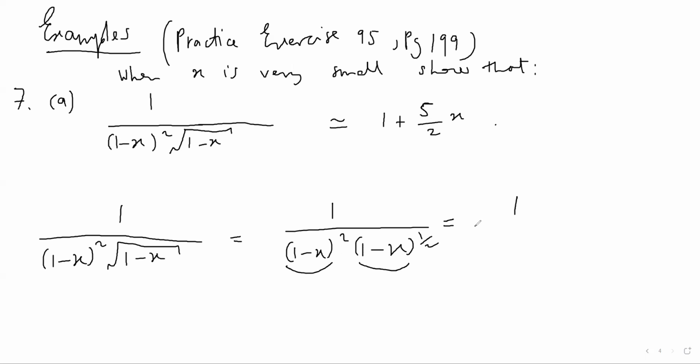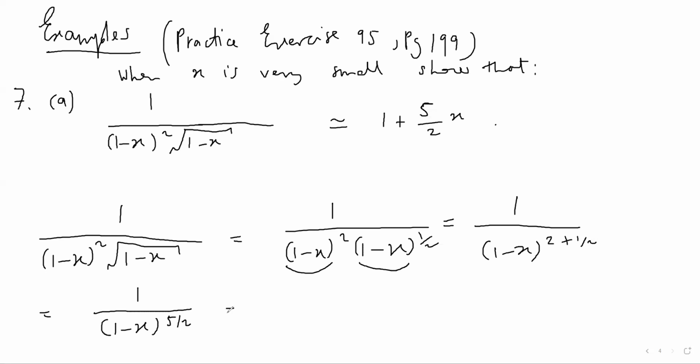So this will give you 1 over (1 minus x) to the power of 2 plus half. Now 2 plus a half is 5 over 2. So this is the same thing as 1 over (1 minus x) to the power of 5 over 2.